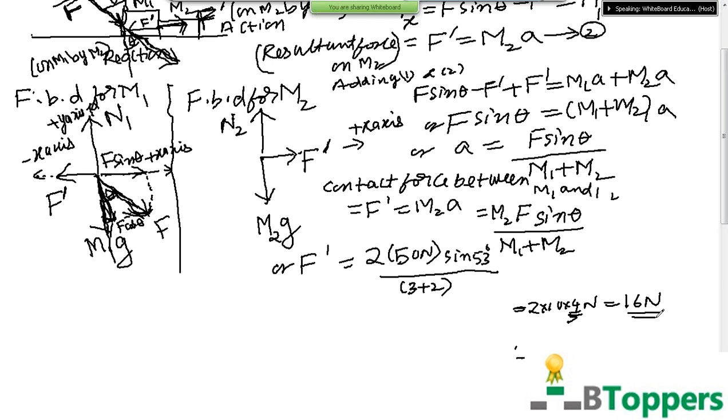To find the magnitude of the contact force between M1 and the floor, you have to find the normal reaction N1.